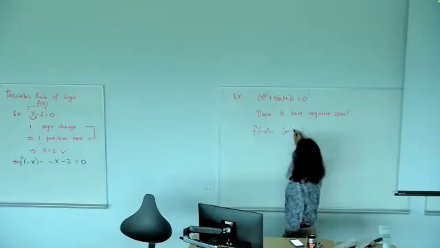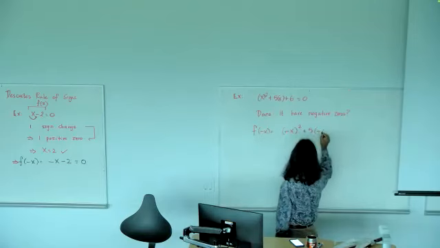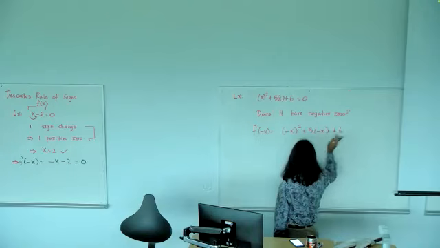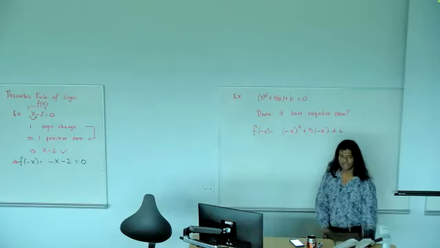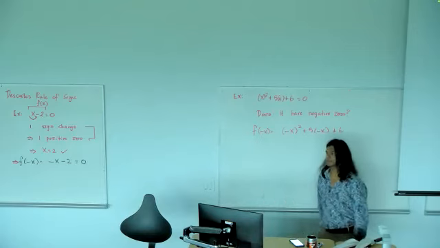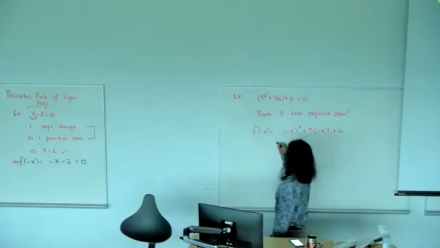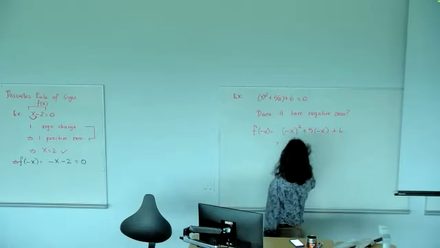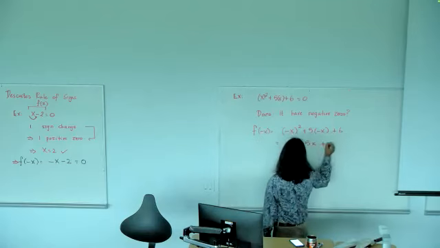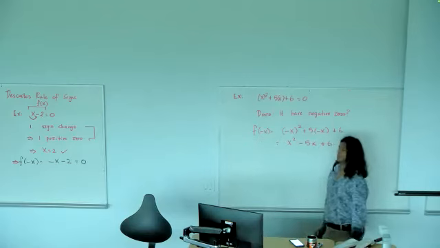So negative x squared plus 5 times negative x plus 6. Negative x, if you square it, what do you get? x squared. 5 times negative x, negative 5x plus 6.